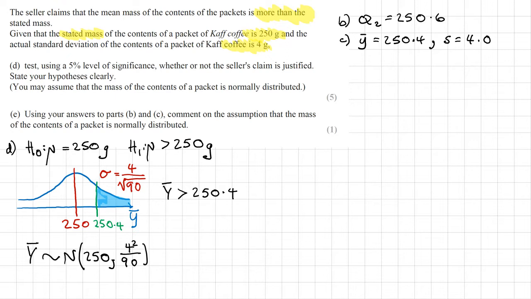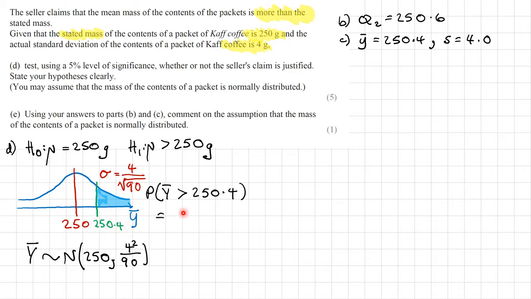So that I can work out on my calculator. You may be more used to seeing this as the probability that the sample mean is greater than that. So I'd put in on normal CD a lower value of 250.4, and any large upper value, as long as it's more than, I think, 5 standard deviations bigger than this.